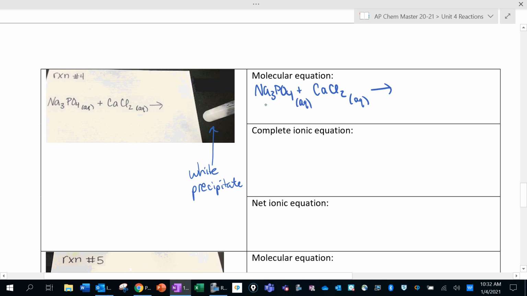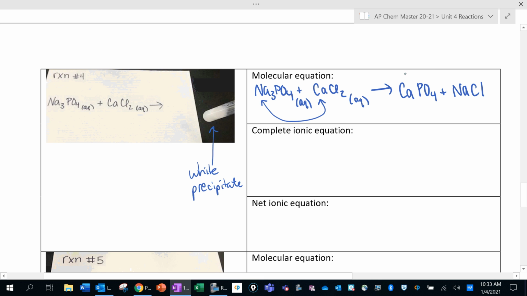And it's a double displacement, so the sodium and the calcium switch places. And my calcium is going to go with the phosphate now, and the sodium goes with the chloride. Notice how I'm not carrying over the subscripts, just because it's a 3 over here on the sodium, not necessarily going to be a 3 over here. The way I figure out the subscripts is by looking at the ion charges.